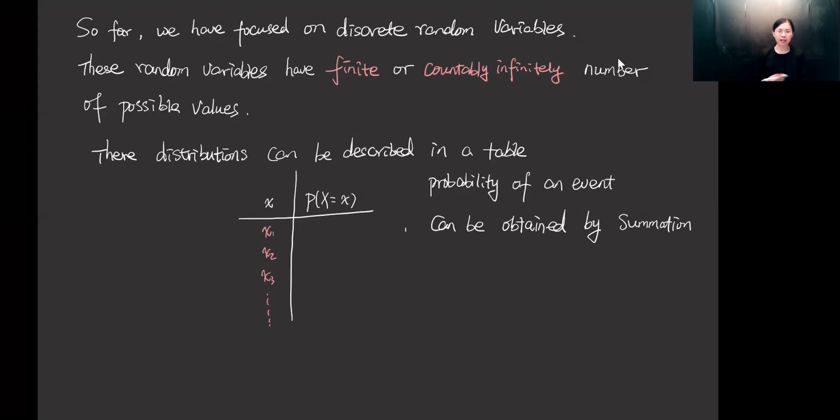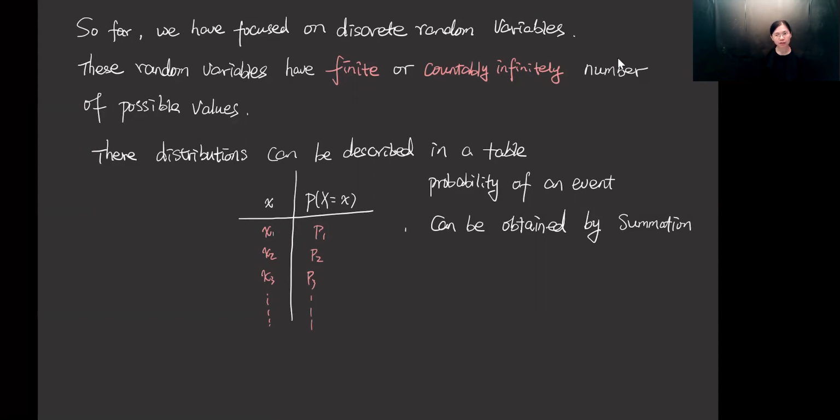Or if there is no end, then just keep going. And the second column of the table can list the probability that X equals each of these values, say p1, p2, p3, and so on. And all the probabilities should be non-negative, and they should add up to 1.